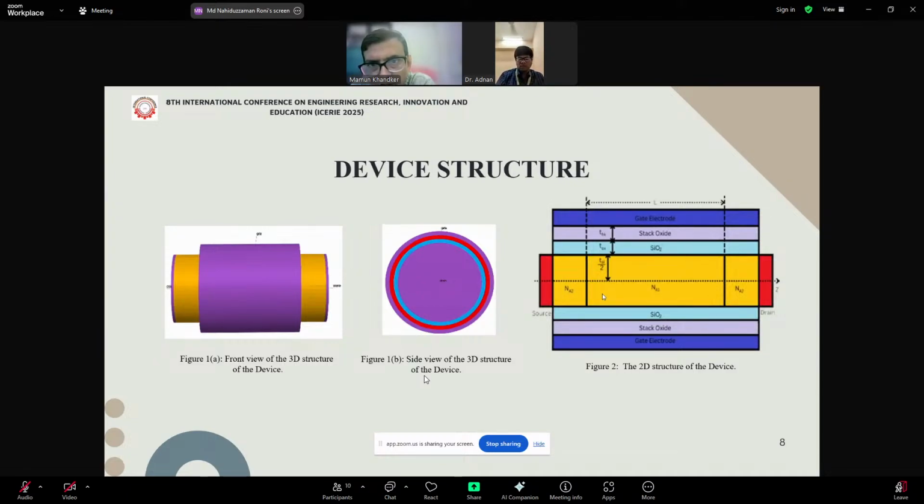Therefore, because it is p type, the majority carrier, holes, get accumulated near the silicon oxide and silicon interface and form a layer from source region to drain region, and current flows from source to drain through this layer. As the holes get accumulated near the interface, this is why it is called accumulation mode.